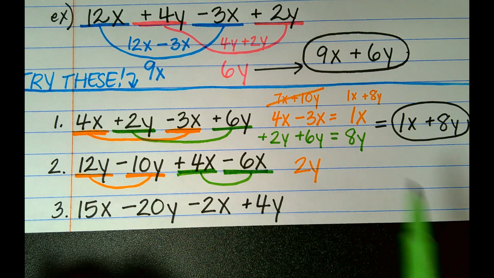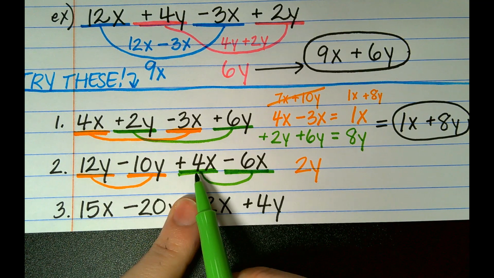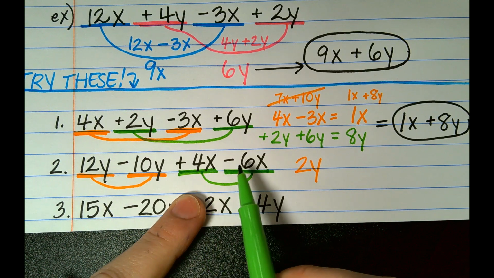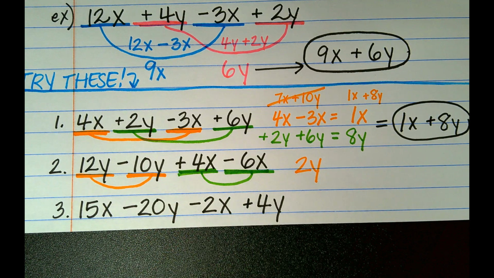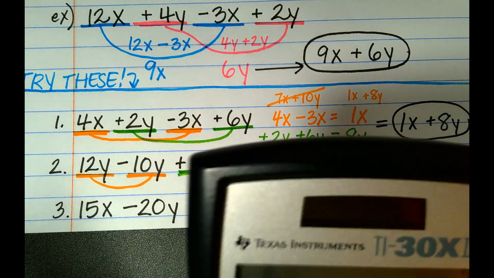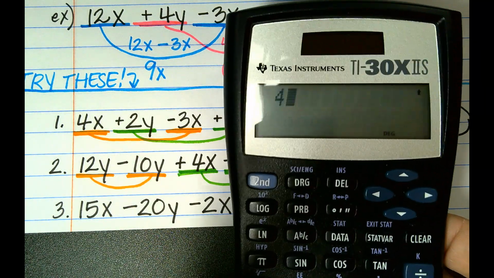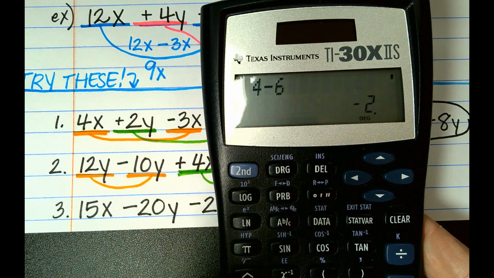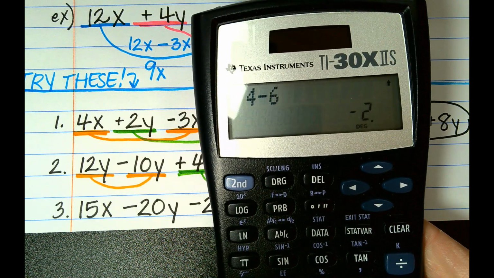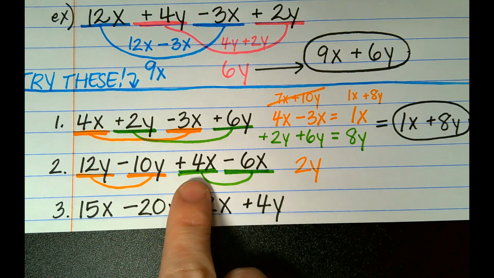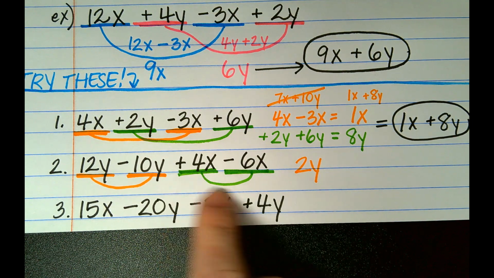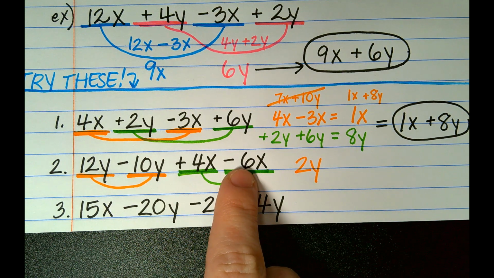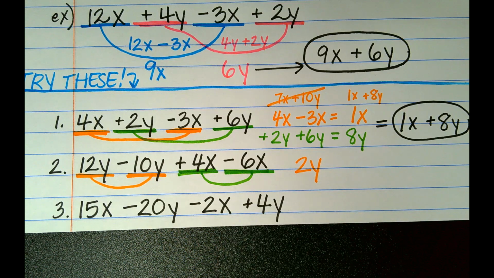So we're doing 4x minus 6x. 4 minus 6, we're going to get negative 2. Because we're starting with only 4 and we're taking away 6. That's more than we started with. Anytime you spend more money than you have, you're going to have a negative amount in your bank account.